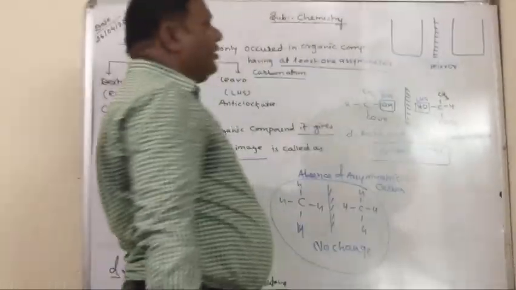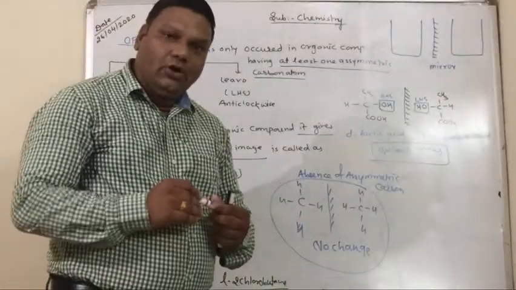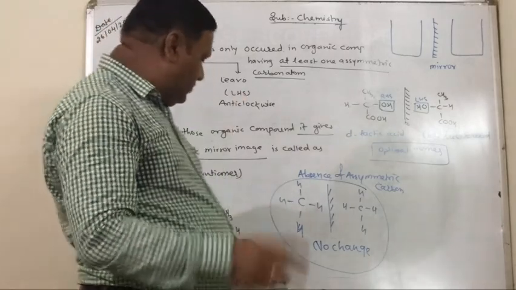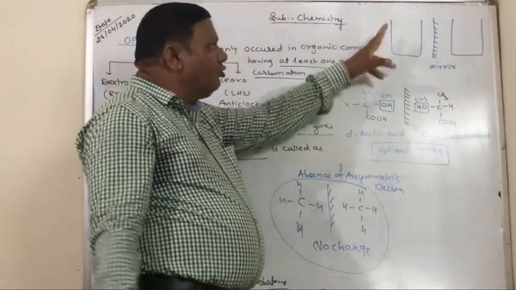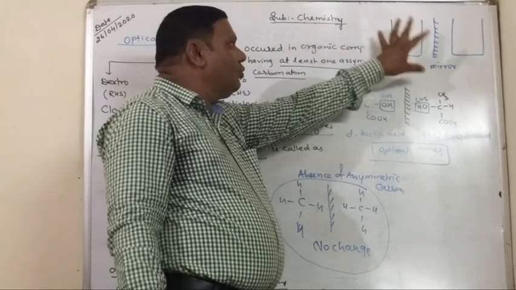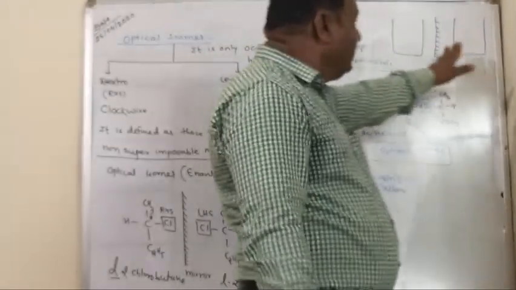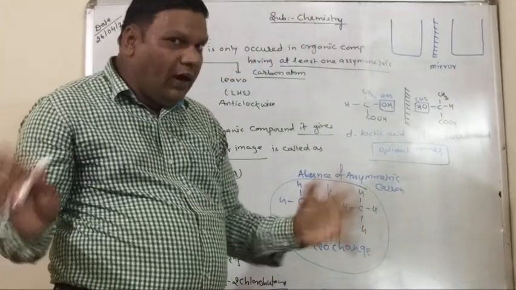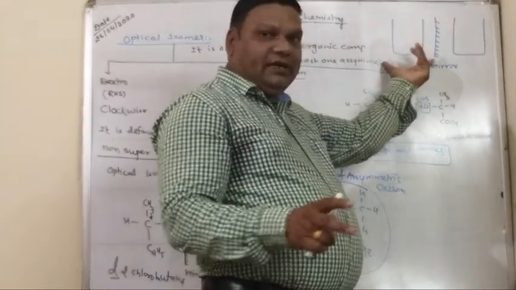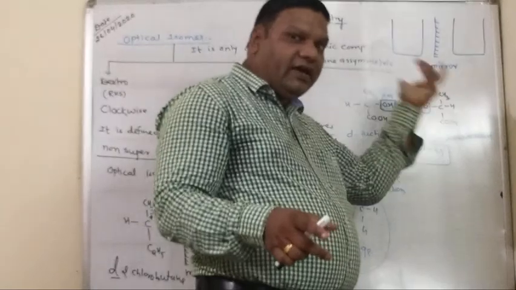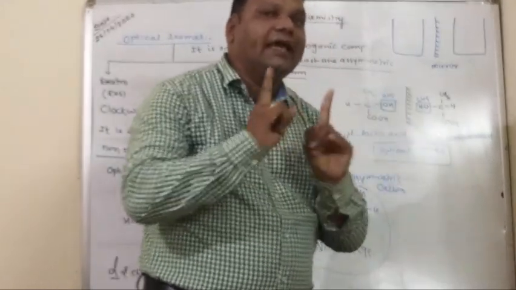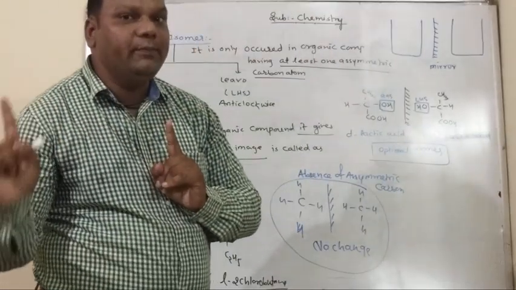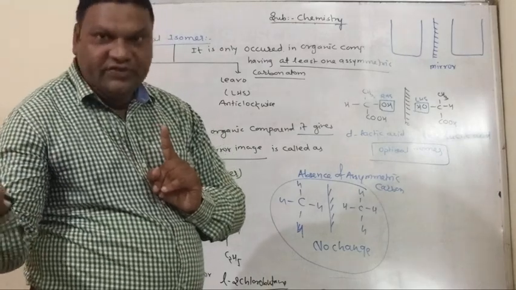Here we take one glass or one beaker, suppose, this is the original state and this is the mirror image. Understood? So imagine, any change is there? No change is there. Why? Because this is symmetrical. Hence, it does not give any non-superimposable mirror image. Point is clear?